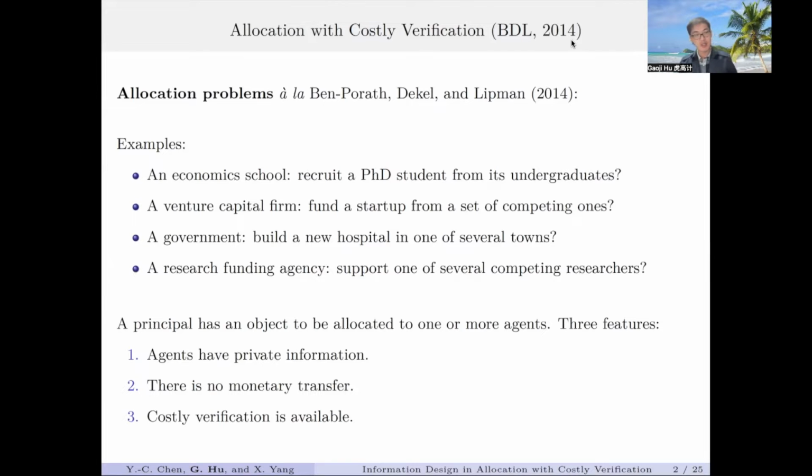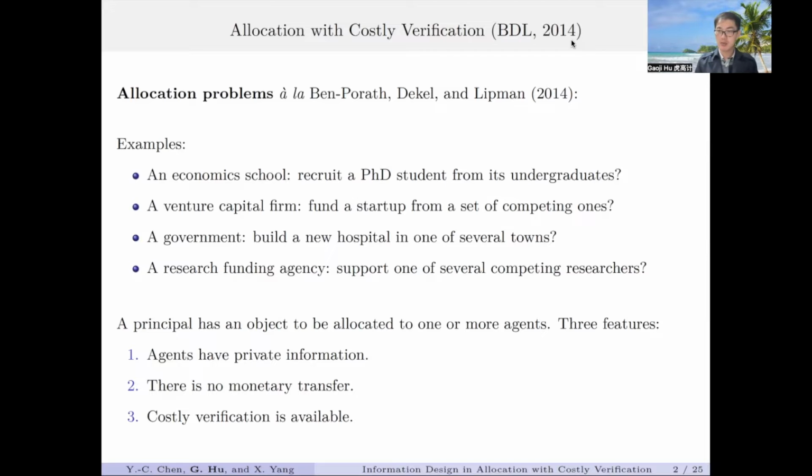And third, a central government may consider whether to build a new hospital in one of several towns after a disaster, like an earthquake. And the fourth example we are quite familiar with, a research funding agency may consider whether to support one of several competing researchers.